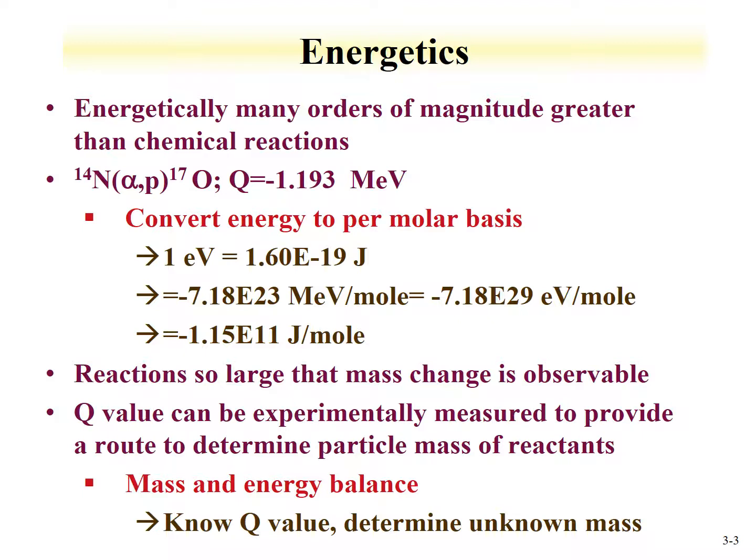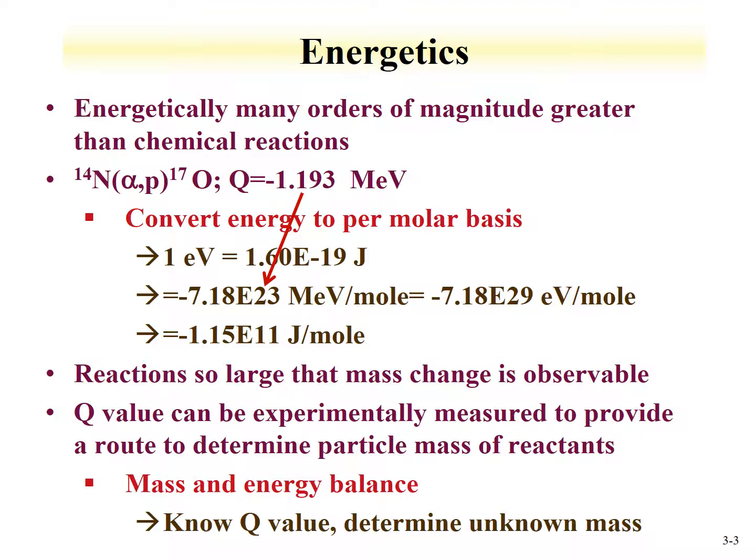1.193 MeV, multiply that by Avogadro's number, I get the value listed here. So it's -7 times 10 to the 23rd MeV per mole. Convert that to eV per mole, it's -7.18 times 10 to the minus 29 eV per mole. Convert that to joules, and we get something on the order of -1 times 10 to the 11th joules per mole.